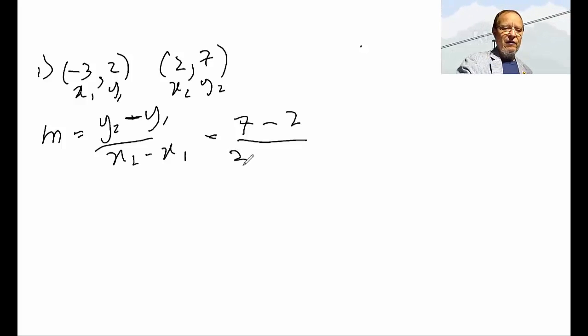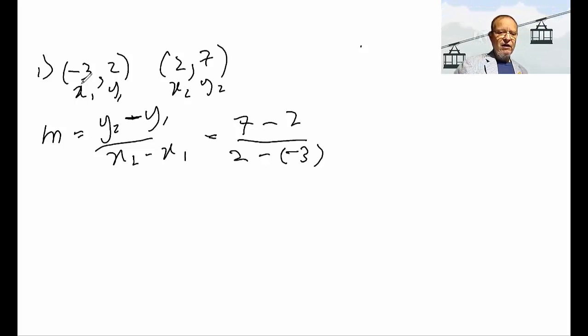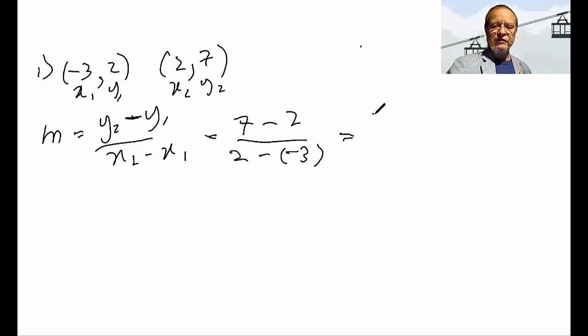And then in the next one, we have minus, and I'm going to put it in brackets, minus -3, because x1 is -3. You want to be very, very careful of your signs, because this is y2 minus y1 and x2 minus x1.